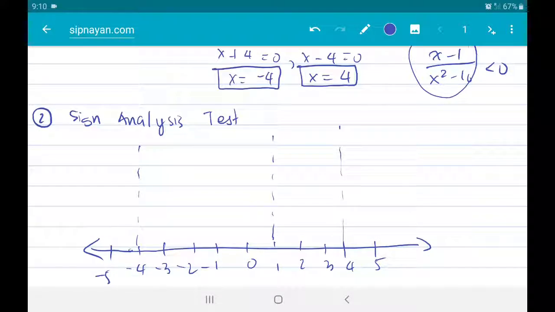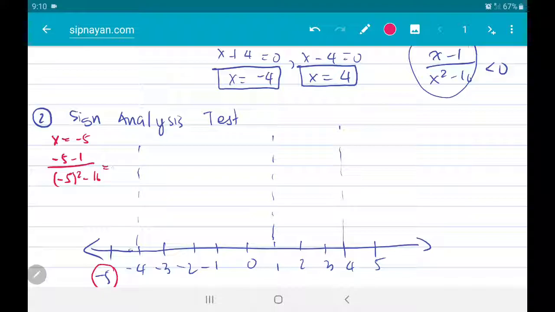Check natin yung x equals negative 5, no? Dito sa to the left of negative 4. So negative 5 minus 1 over negative 5 squared minus 16.